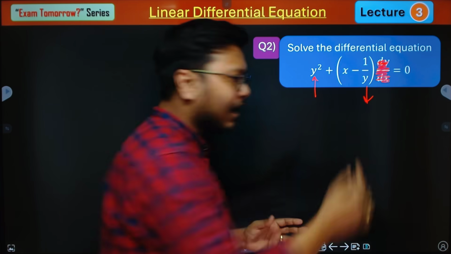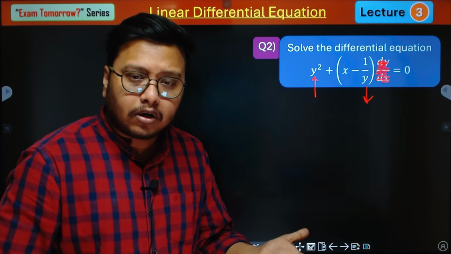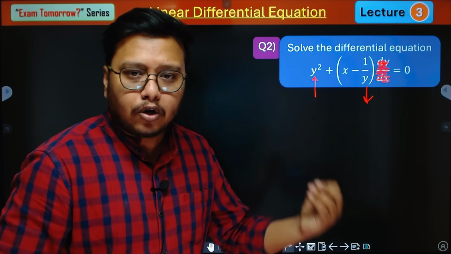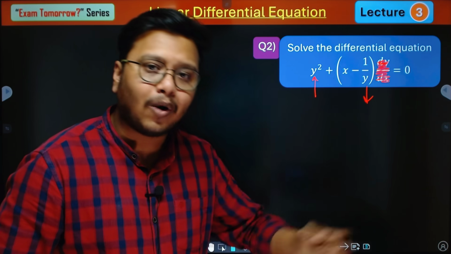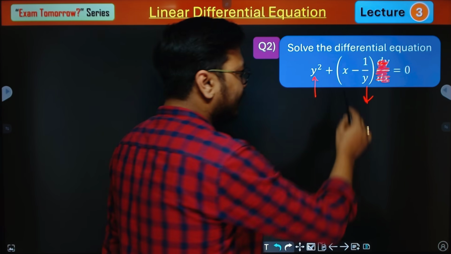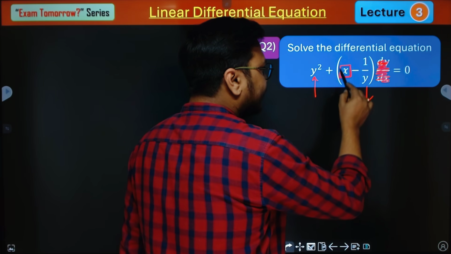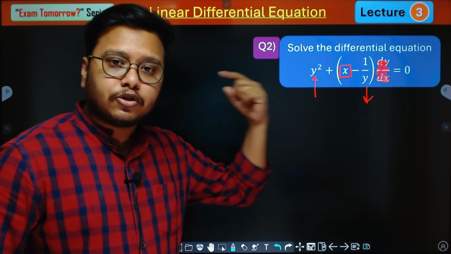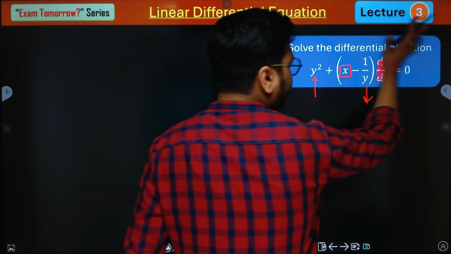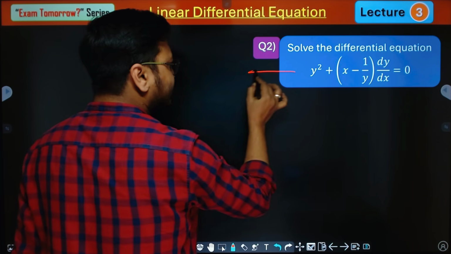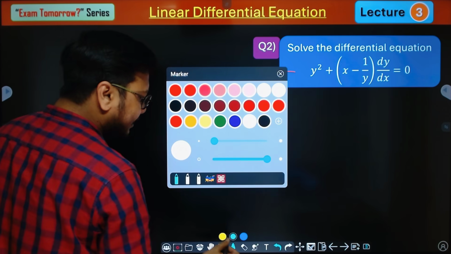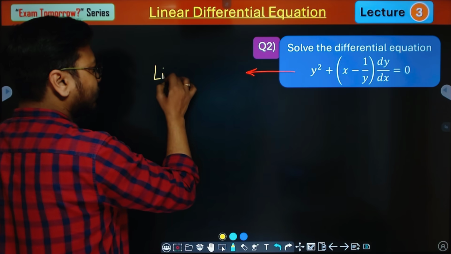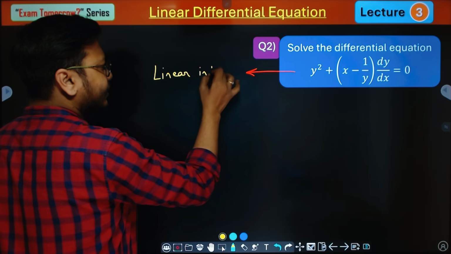And 1 by y is the reciprocal of y, which is again non-linear. Here x is in linear format because it has a power of 1. So by looking at this differential equation, you can understand that this is linear in x.